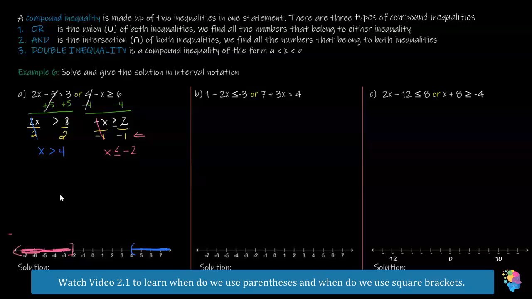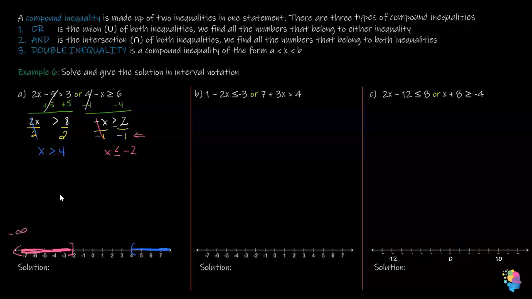On the left side, remember that is negative infinity, and on the right side, this is positive infinity. Because this is an OR statement, our solution will include every number that is shaded. In our case, if I read the number line from left to right, that is from negative infinity to negative 2, and then again from 4 to positive infinity.